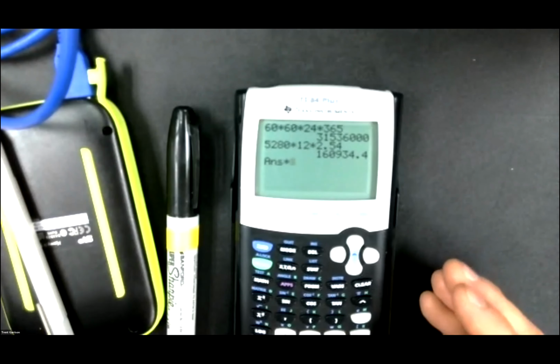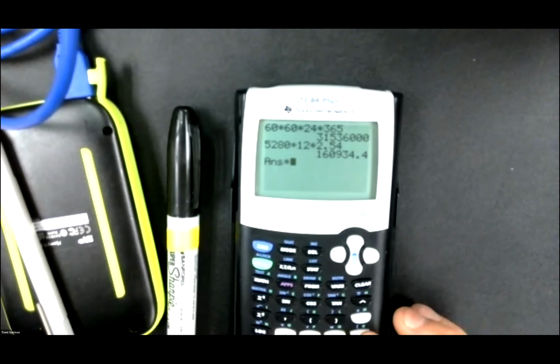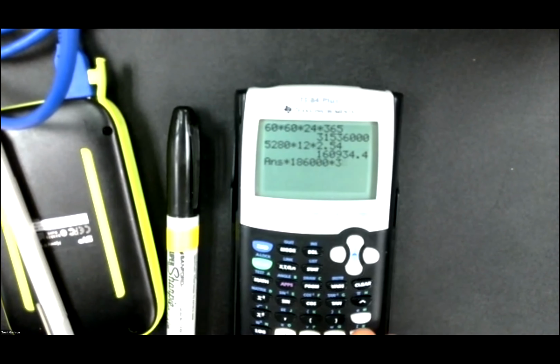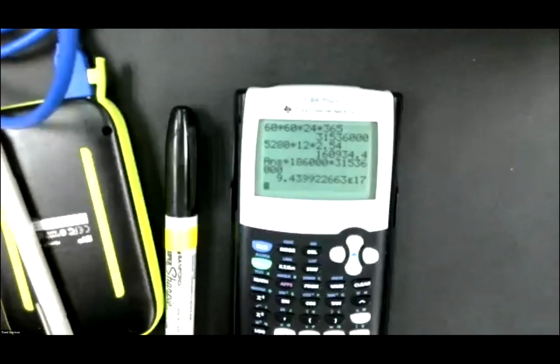So I've got my 160,934.4 in here already. I'm going to multiply that by the starting amount, 186,000, times the number of seconds that are in a year. Or was that, I don't remember what value that one is. Anyway, and there we go. There is the answer, 9.4 times 10 to the 17th.